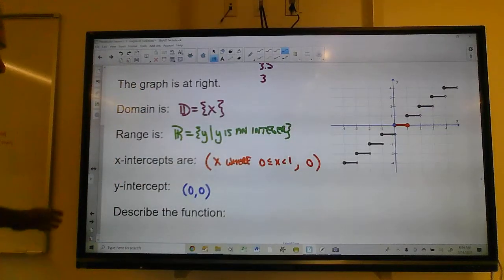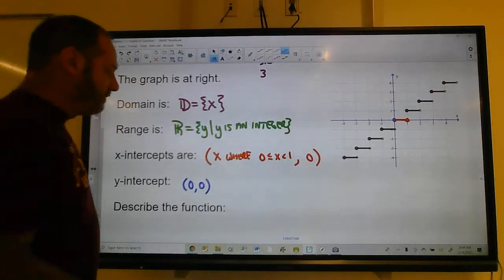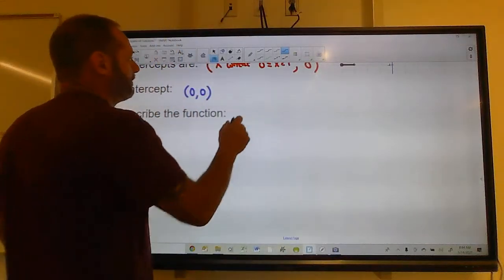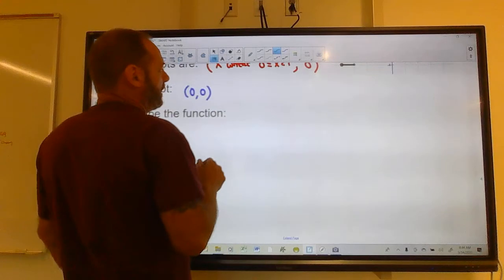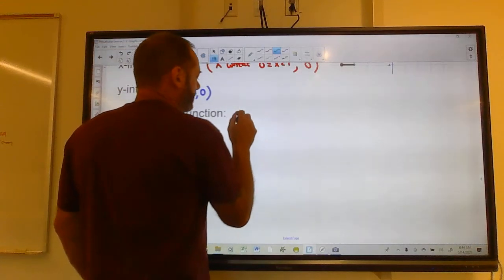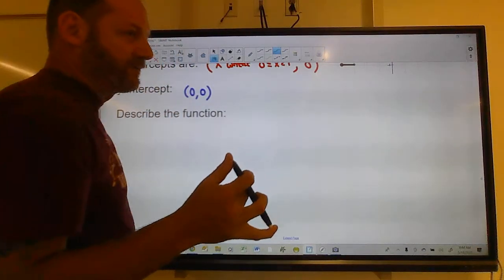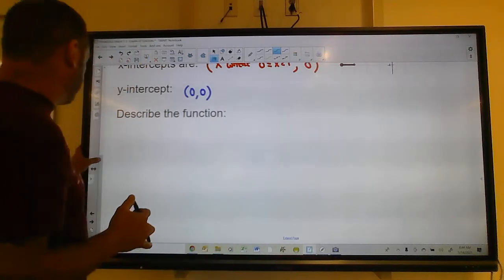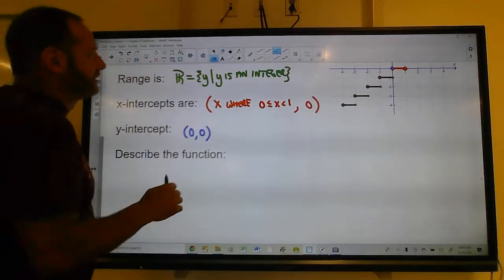Okay, describe the function. The function, let's see. This is where people are not very good, because lots of people that are really good at math are not good at writing out what that means.